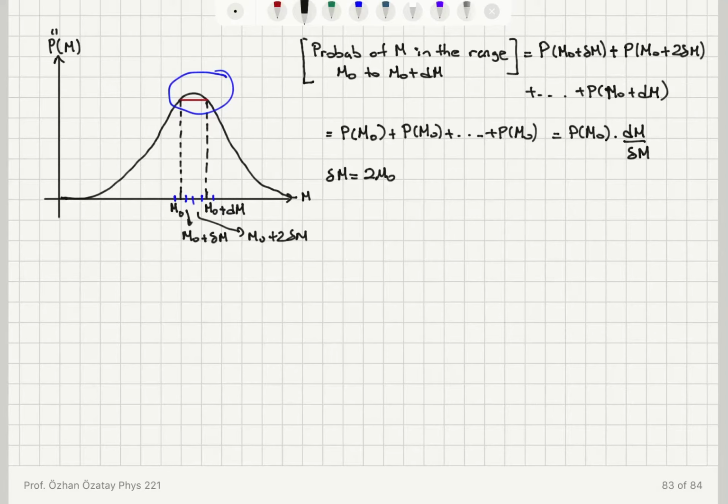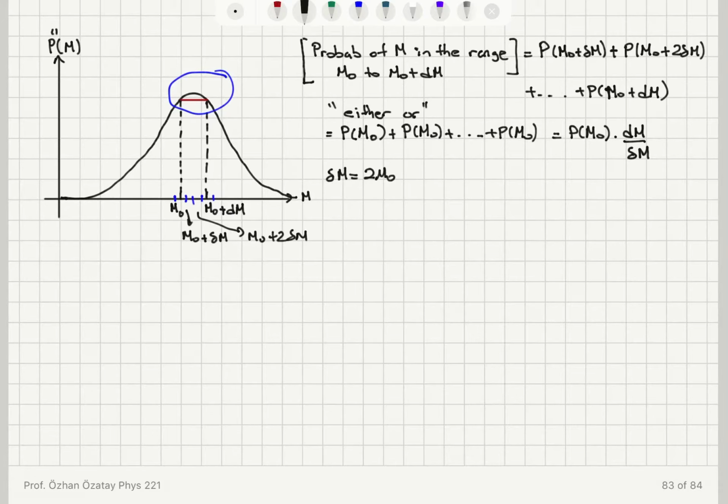Because the question of probability of finding m in a range is basically the same thing as saying what is the probability of finding a value m0 plus delta m, or m0 plus 2 delta m, all the way up to m0 plus dm. So this is basically the either-or situation that we have considered before.